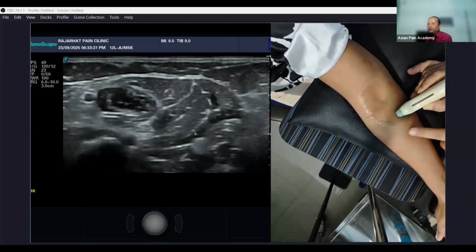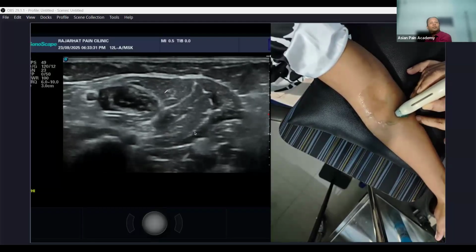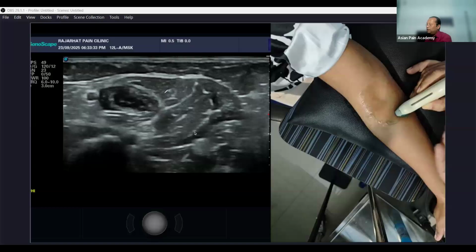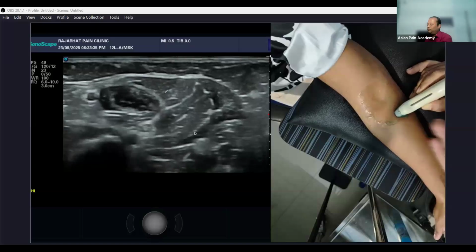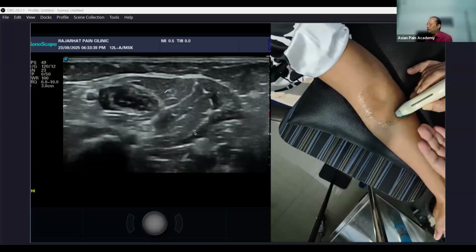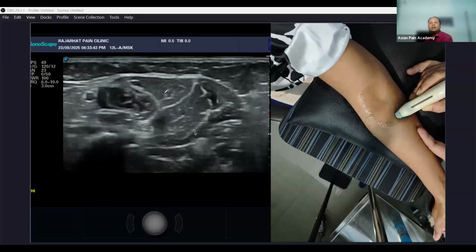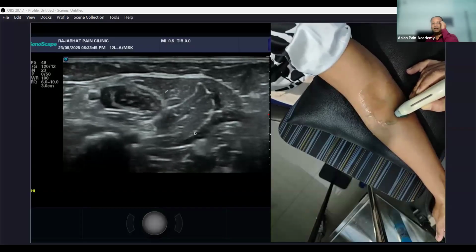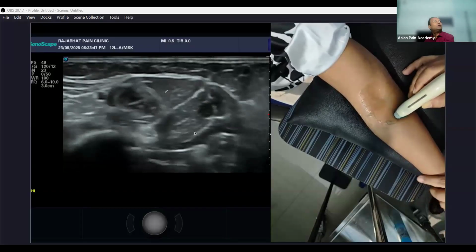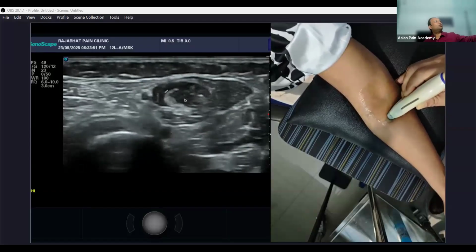If you see, flexor carpi radialis this side, then palmaris longus, then flexor carpi ulnaris. And below that, there is the flexor digitorum superficialis. Profundus is also there, but profundus is not a part of the common flexor tendon. So first three tendons, and then below we will see the common flexor digitorum superficialis. So here you have understood which one is pronator teres.